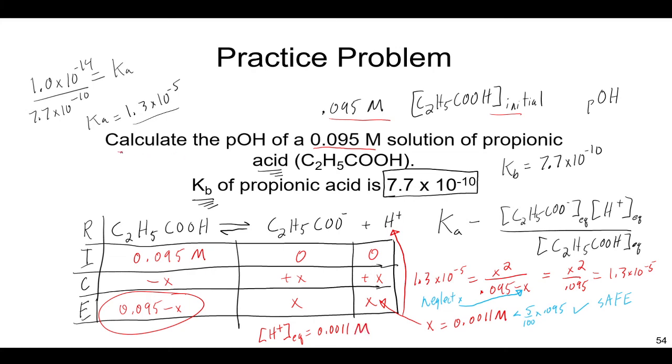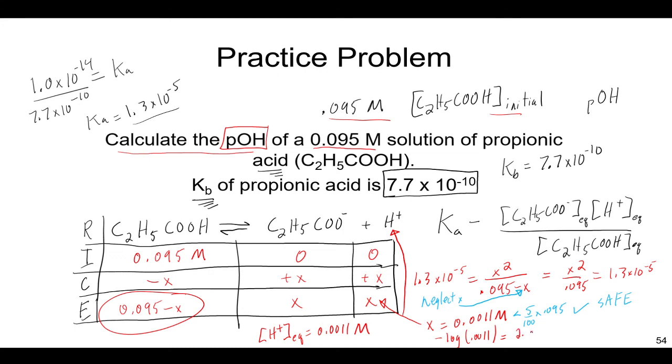What am I asked for? Ultimately, I'm asked for pOH, which is a little confusing for an acid, but it's something you could be asked for. So I know taking the negative log of this gives me pH, and I'm going to have to then subtract that number from 14. So negative log of this number is my pH.